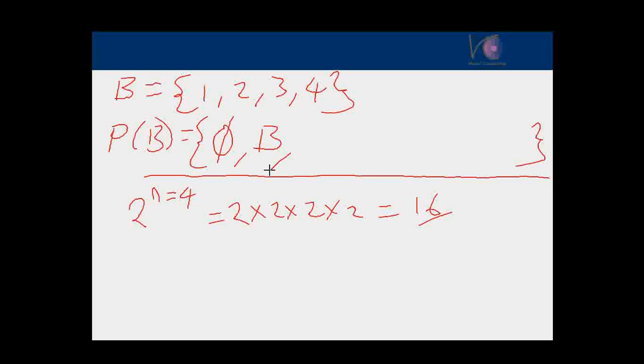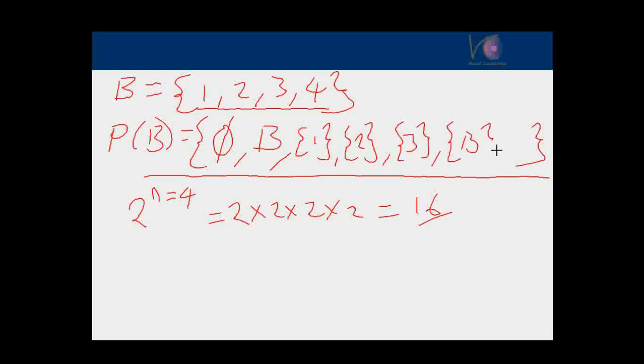Then we can have smaller sets, which we obtain by listing each particular element as a set on its own. So here we can have {1}, the other set {2}, until we list all the elements that we have in B. Due to lack of enough space, I'll start from here.